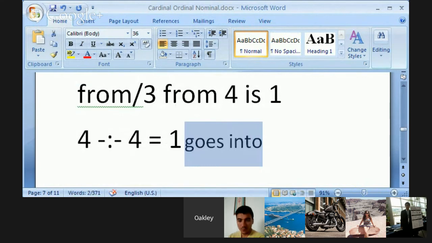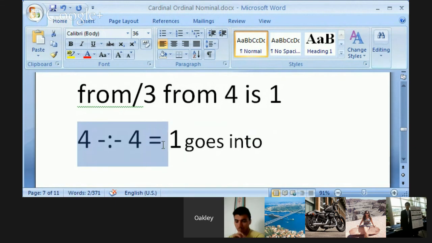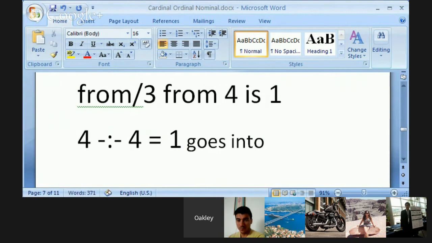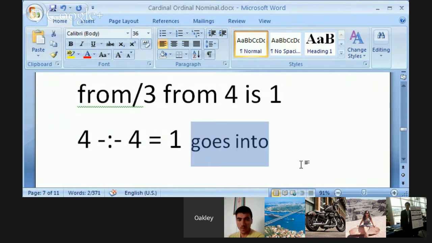Okay. Emmanuel, how can I describe this equation? Would be 4 divided by 4. Mm-hmm. Okay, very good. And another way? Yeah, equals 1. Another way I can say it. Do you know how to say it using goes into? And this gets drastically reduced in English. We tend to reduce pronunciation, so we don't really say goes into.